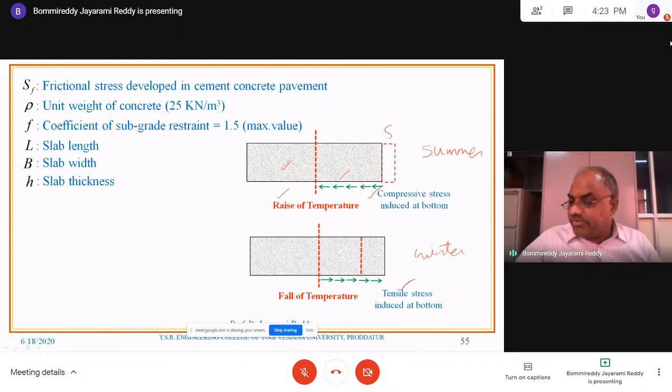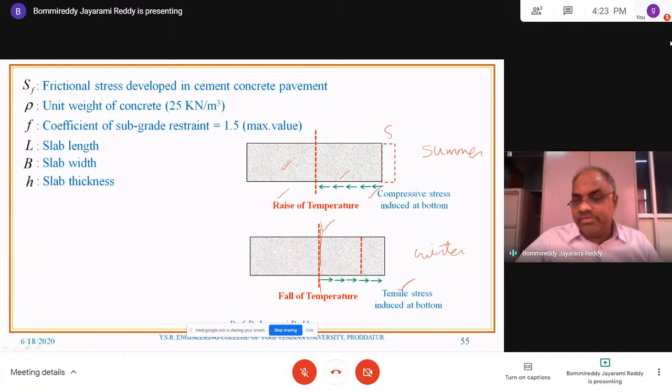The maximum tensile stresses occur at the center because all these frictional forces are acting at one point, second point, third point, etc. And maximum will be at the mid span, maximum at the center. So the maximum frictional stresses will occur at the center of the slab, at the midline of the slab, not the overall center.